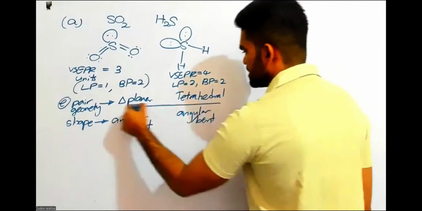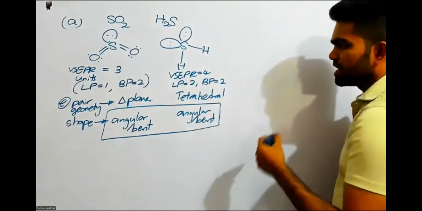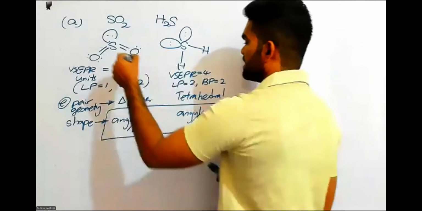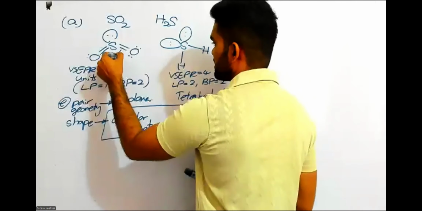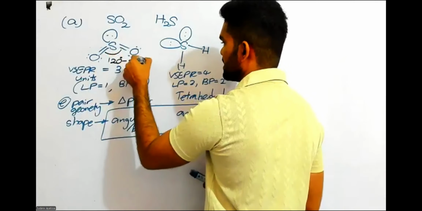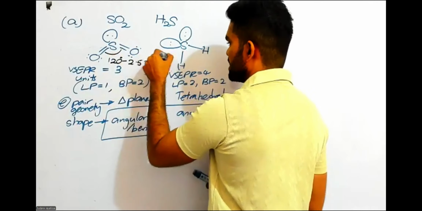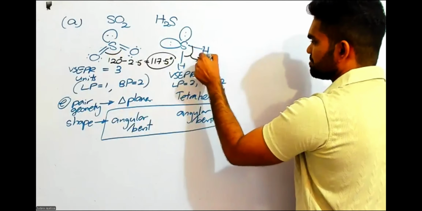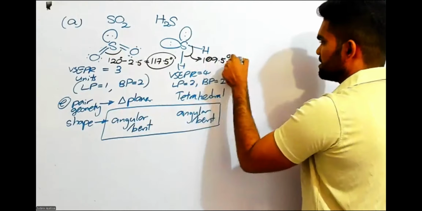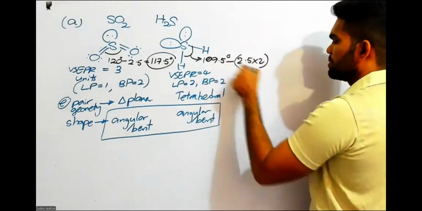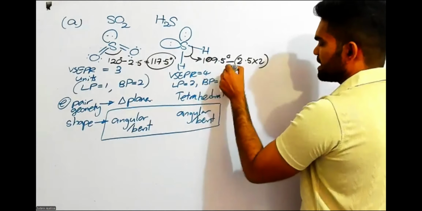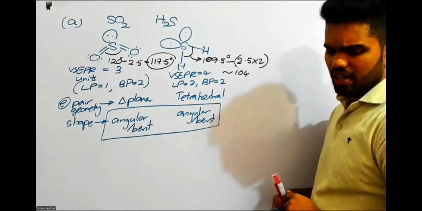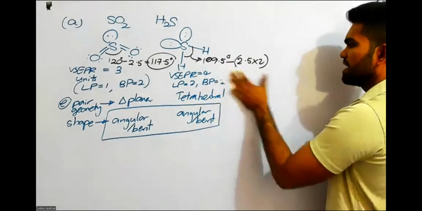You can see the same name is there, but obviously their angles are going to be different. This is derived from 120, so here 120 minus 2.5 gives 117.5 as the bond angle. For this one, 109.5 minus 2.5 into 2, because there are 2 lone pairs now, so the bond angle is approximately 104.5.